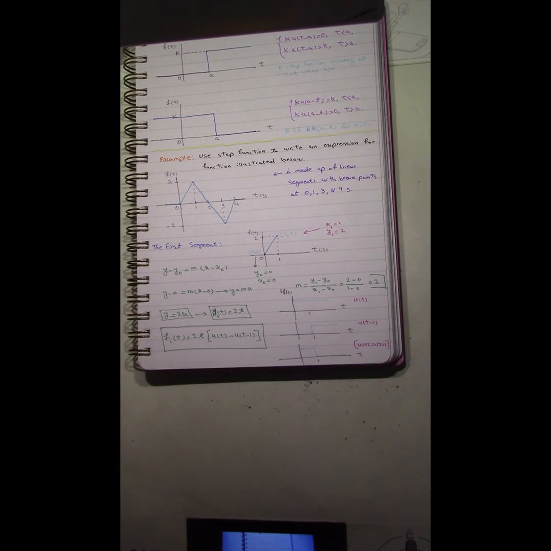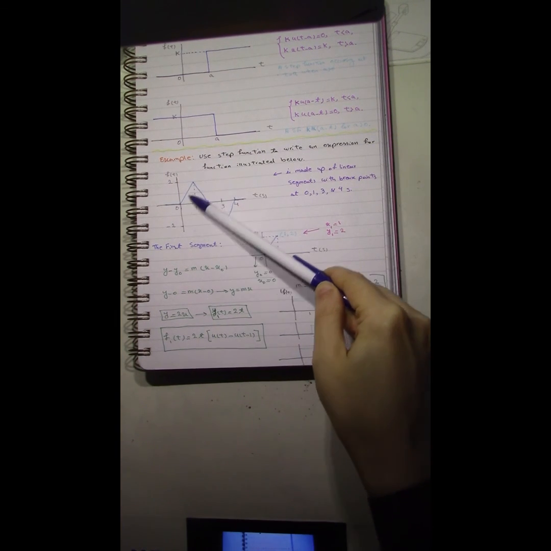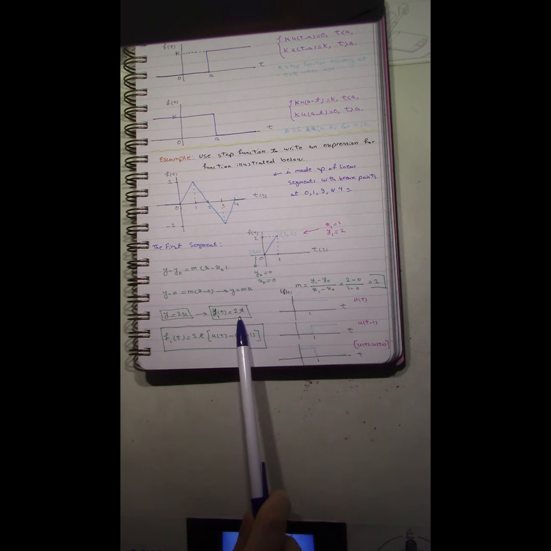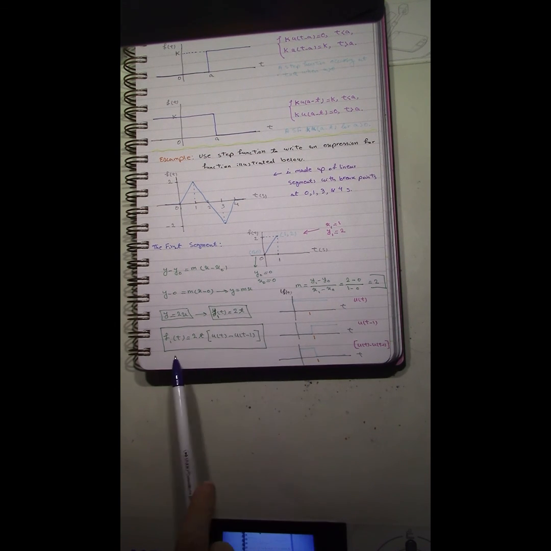I put everything over here for the students who don't know how to reach this equation. So the equation for the first segment is 2t, because now our function is with respect to t. That's why we put t, not x.